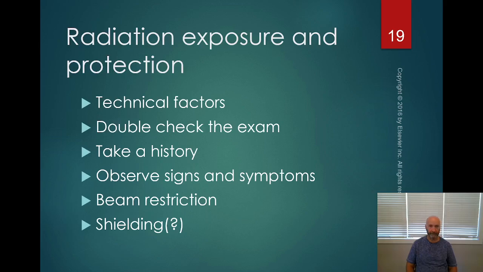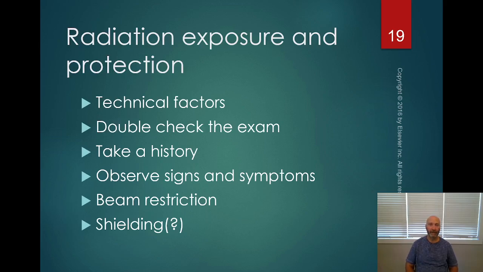Double check the exam. What you see on your request and what you see in the patient may not be the same thing. So it bears some checking and making sure that the orders weren't put in improperly. I've seen situations where a left hip was ordered and the patient's issue was with the right hip.